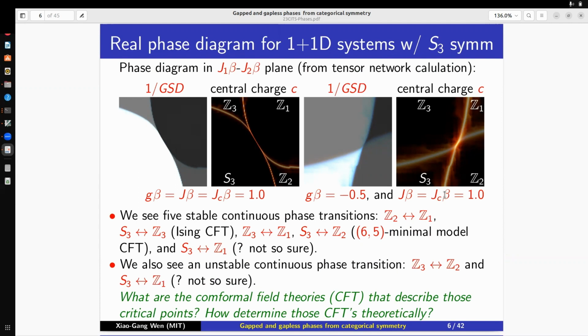Okay, so this is the phase diagram we obtained. Indeed, we have all four phases. And this phase diagram is obtained by this tensor network calculation. Actually, this tensor network calculation is quite good, we can get a very sharp transition.